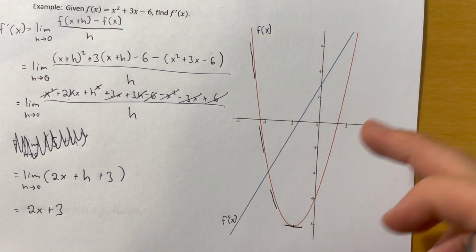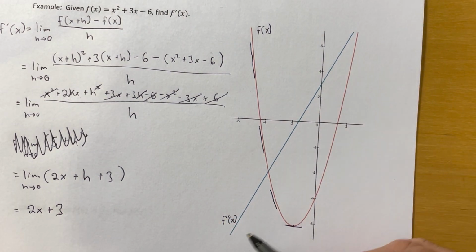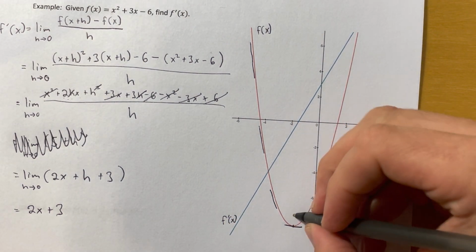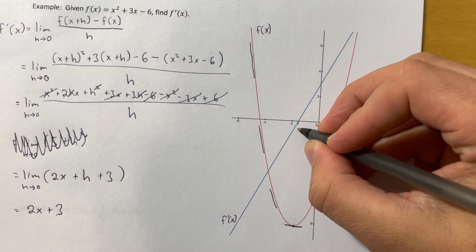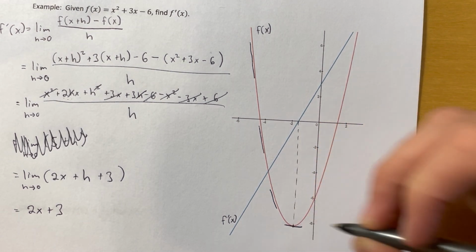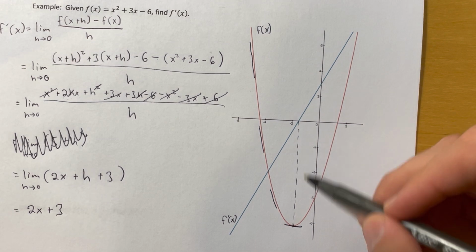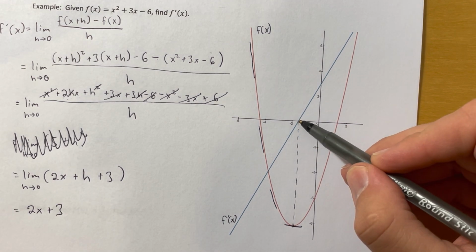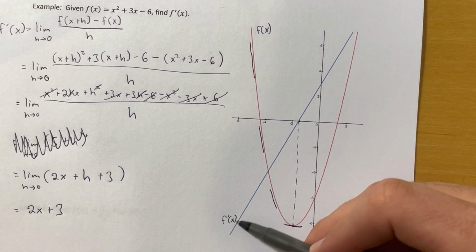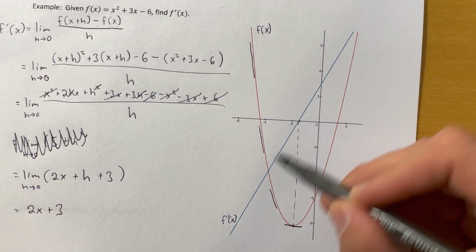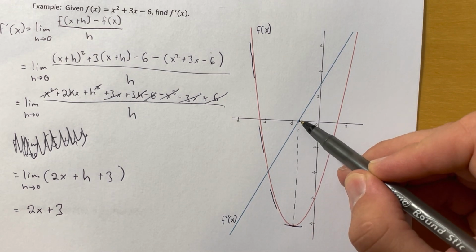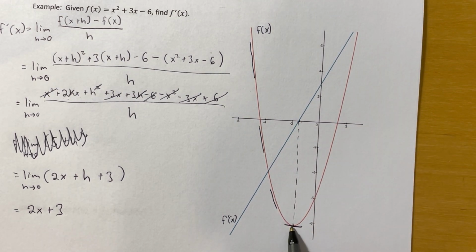Okay, that means my derivative itself should be negative all the way until we get to this point right here. But notice that point, the x value of this point is also the x-intercept of my f prime function. So f prime of x is equal to 0 exactly when the slope of my tangent line in f of x is equal to 0. Okay, that's what we would expect to happen.